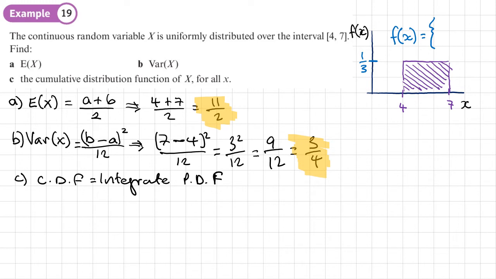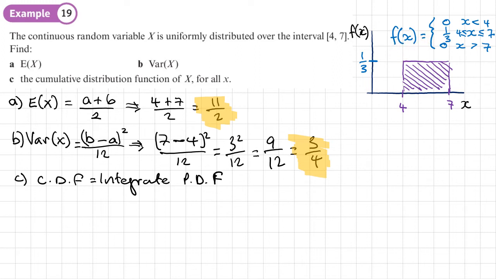I'll write down all the bits, you don't need to do this. We'll have 0 for x is less than 4, and also 0 for when x is greater than 7. And then when x is between 4 and 7, we're going to get a probability of 1/3, which we worked out from our diagram here.